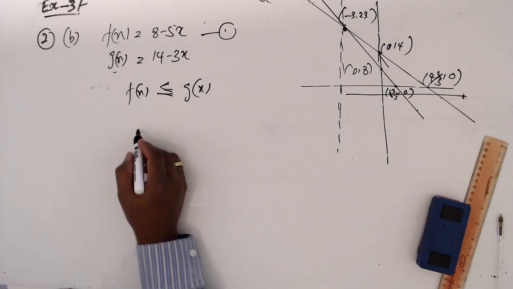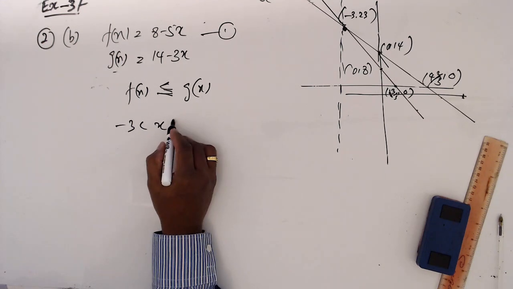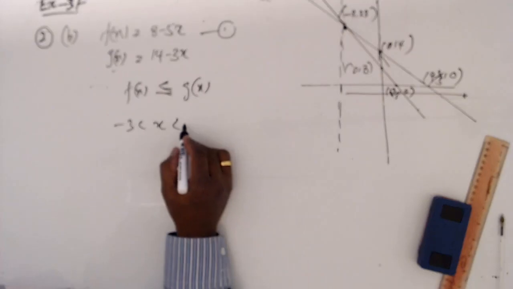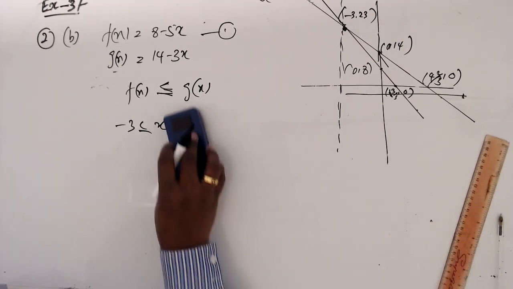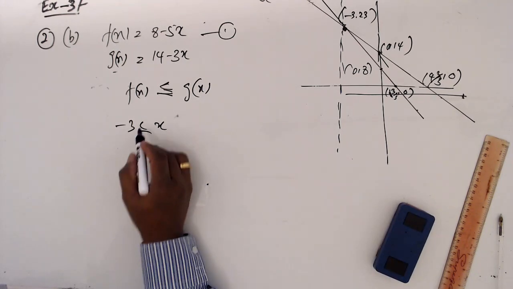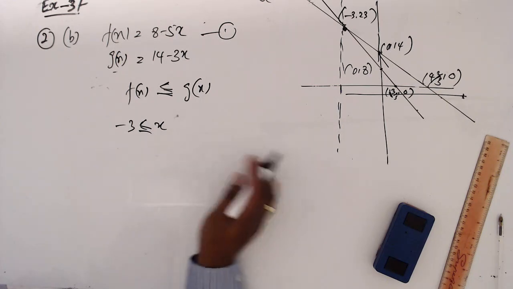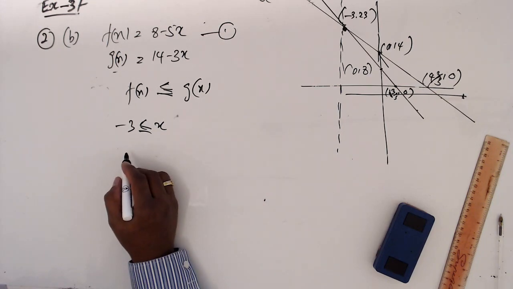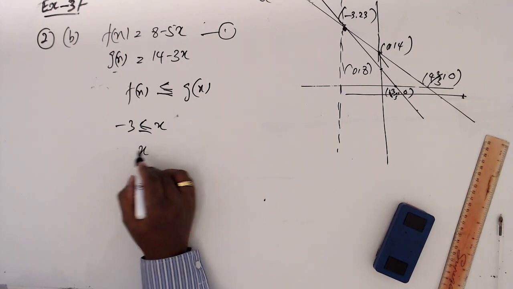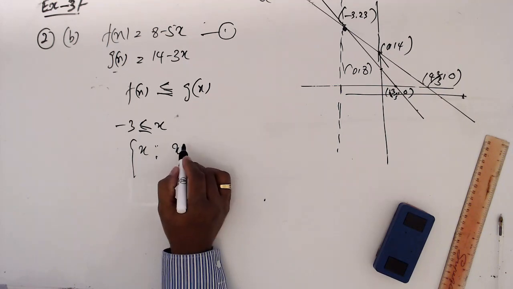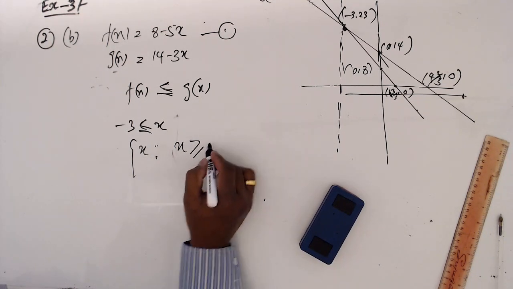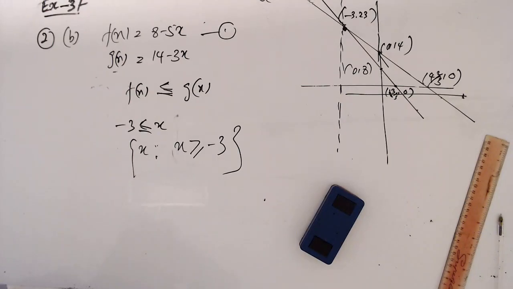So the area we need is x greater than minus 3, including minus 3. So this is the area we need in terms of x: x greater than or equal to minus 3.